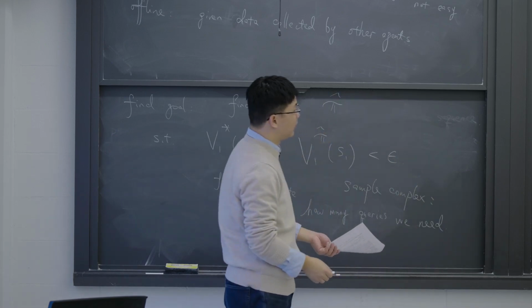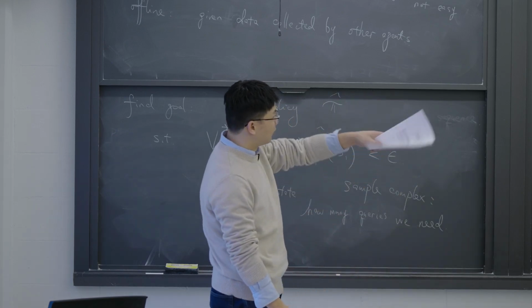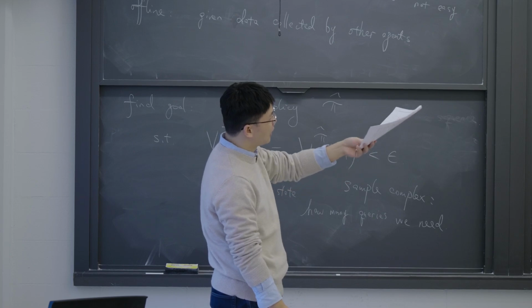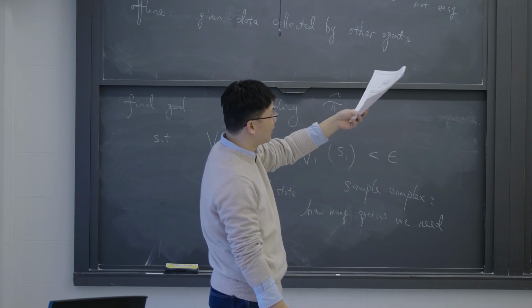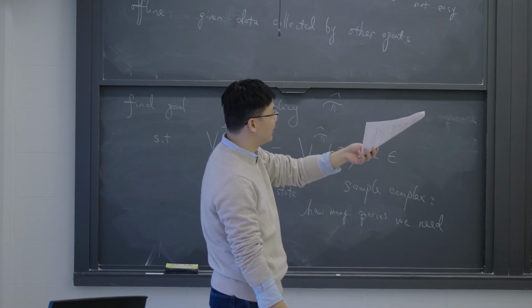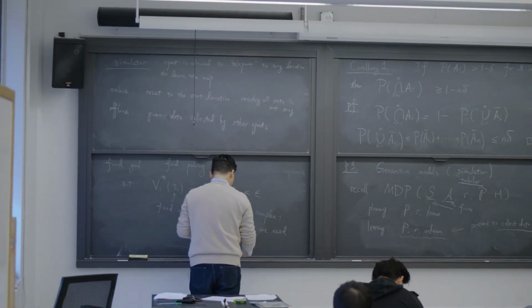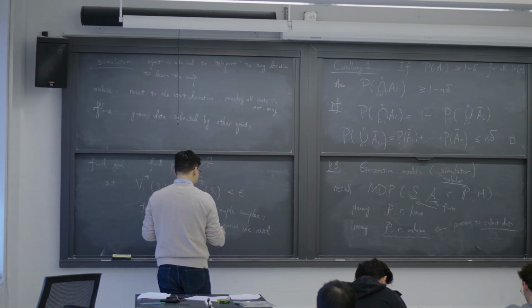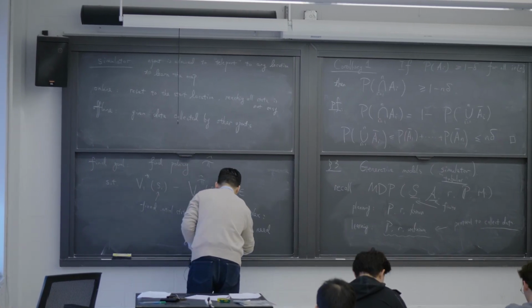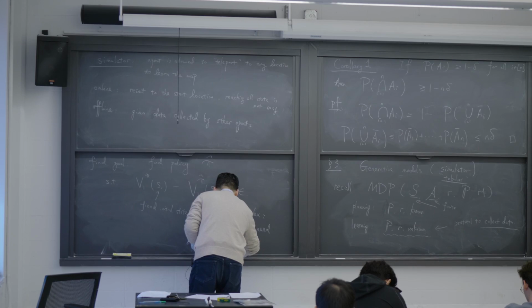One query is when we ask the simulator one state-action pair, and the simulator gives one next state and one reward. We call that one query. We ask how many queries we need to find an epsilon optimal policy.